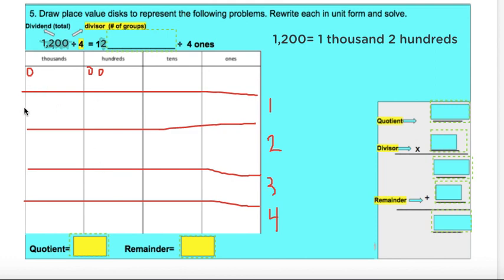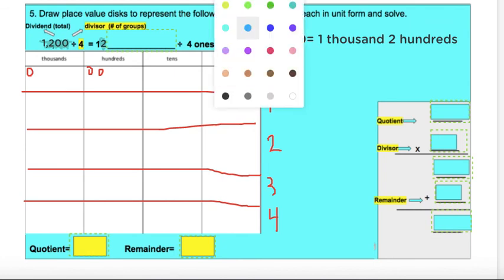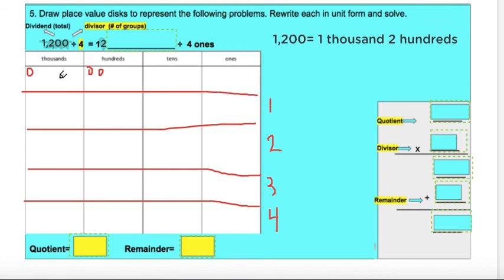And then you should have noticed that you cannot distribute your thousands. So you should have unbundled, I'll use another color, to the hundreds. And you should have noticed that there are 10 hundreds inside of 1,000. So you should have drawn 10 more hundreds.